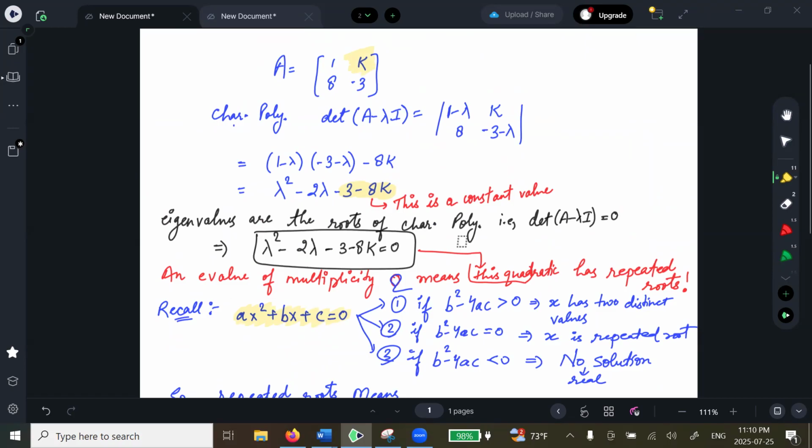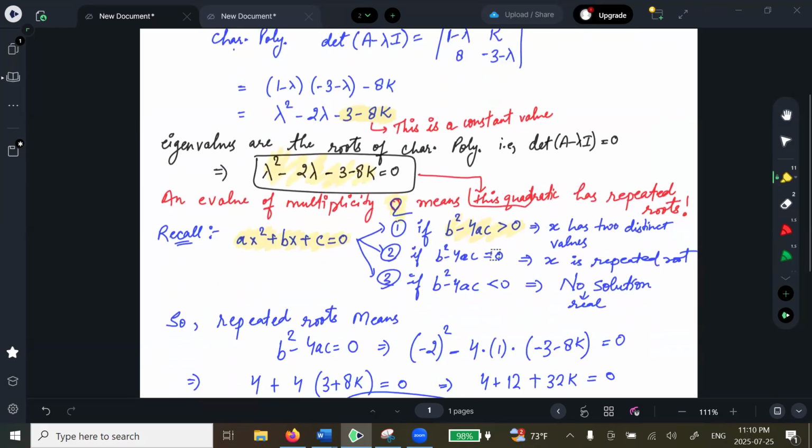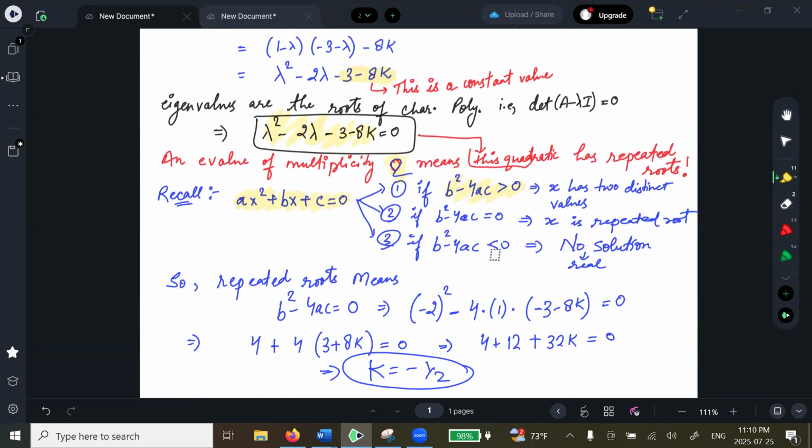So remember this concept. If the discriminant is more than 0, you have distinct roots; equal to 0, a repeated root; less than 0, you have no solution. If I want an eigenvalue of multiplicity 2, it means I want the same eigenvalue twice. This quadratic has repeated roots. So it's just a connection between two simple concepts. Just thought this is important for the exam. Expect questions like this. Any doubts with this?